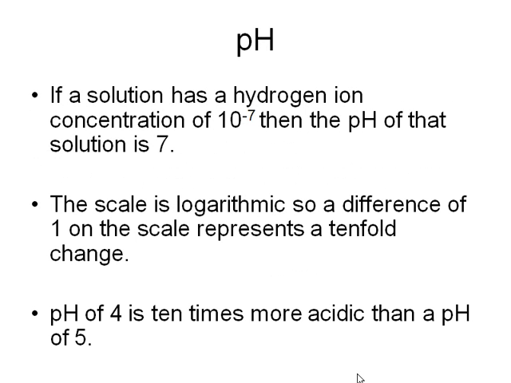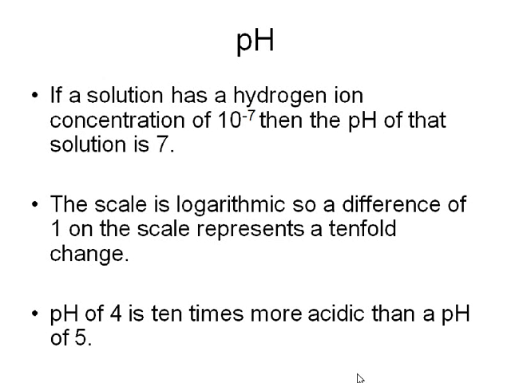So, how do we express hydrogen ion concentration? We usually get it in its exponential form, okay? So, if I tell you a hydrogen ion concentration is 10 to the negative 7th, that's its exponential form.